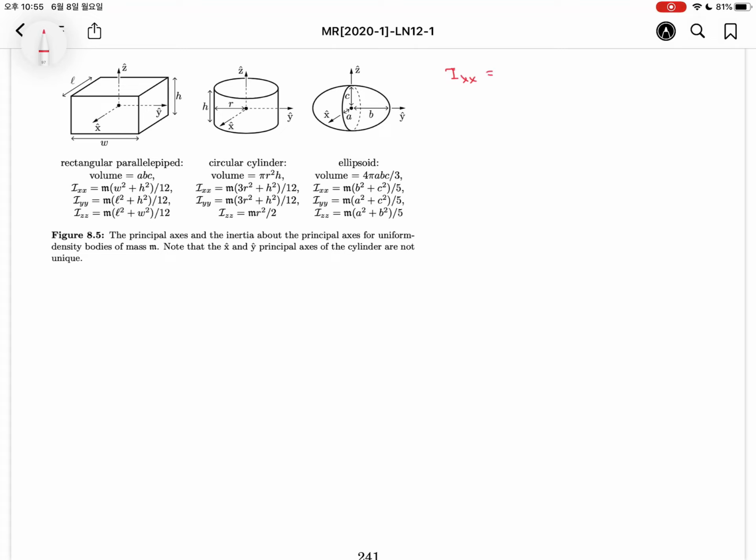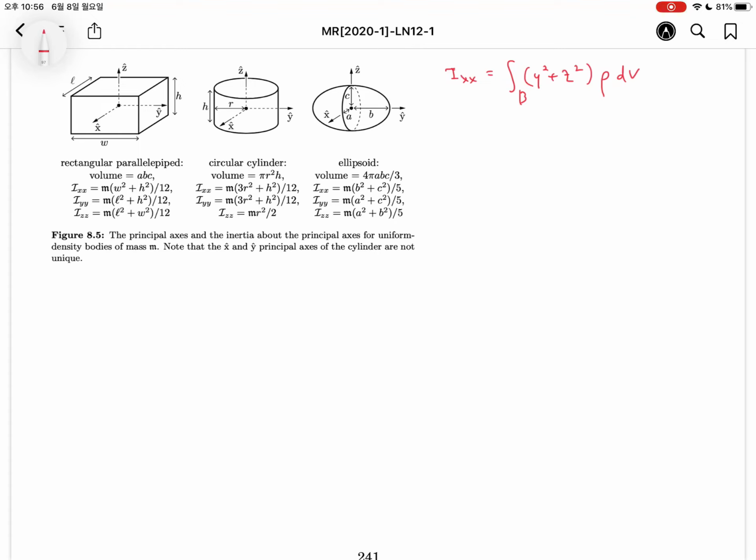Maybe you know the definition will be like this: volume, y square, z square, rho dv. So it is obtained in the plane of the yz axis.